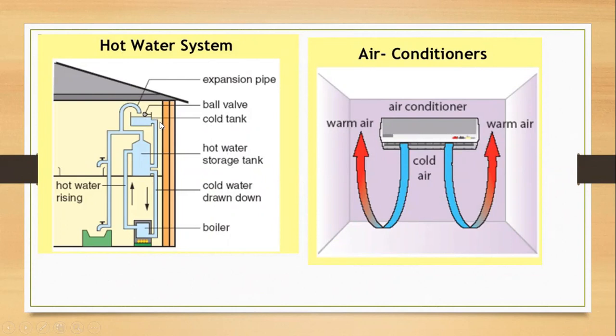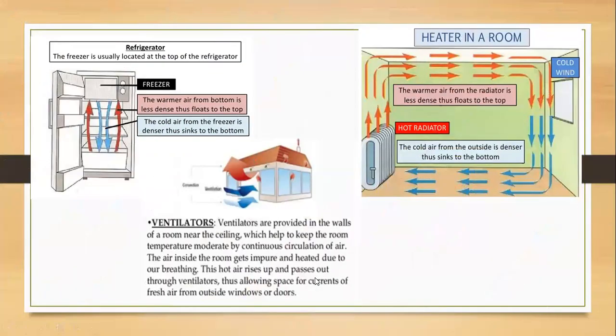This is the cold water tank, and from the cold water tank the water flows to the boiler, where it heats up, becomes less dense and rises up, and this is the hot water storage tank. From there it is distributed to the different hot water taps, because the hot water rises up, being less dense. So this is another everyday application of convection.